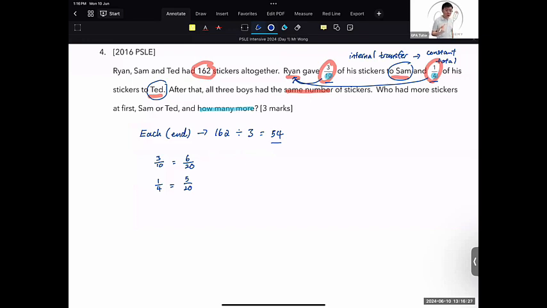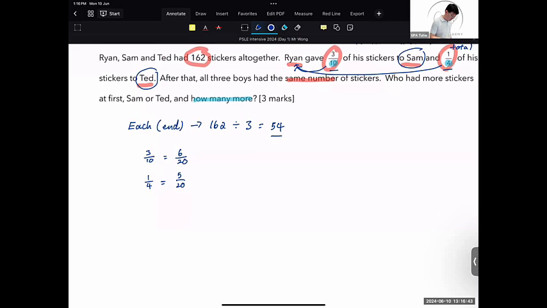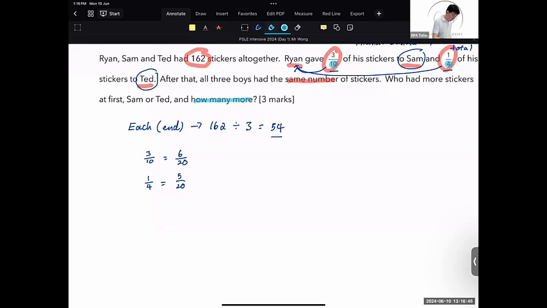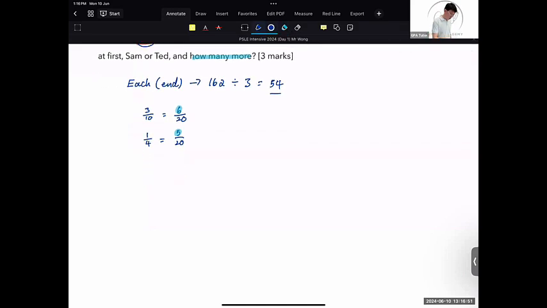How do you find the difference in the number of units? How many units will Ryan end up with at the end? If he gives away 5 and 6, he will have 9 units at the end. So you can draw a model to represent it.